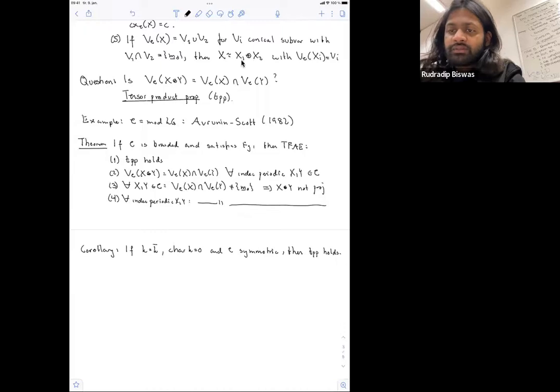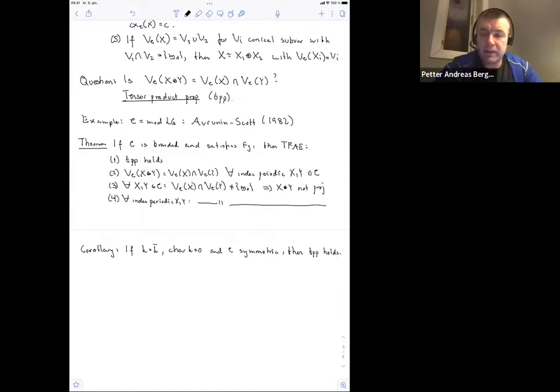Any other questions? What's the most difficult example of a finite tensor category for which we do not know if it has finitely generated cohomology? You can take the category of finitely generated modules over any finite dimensional Hopf algebra.